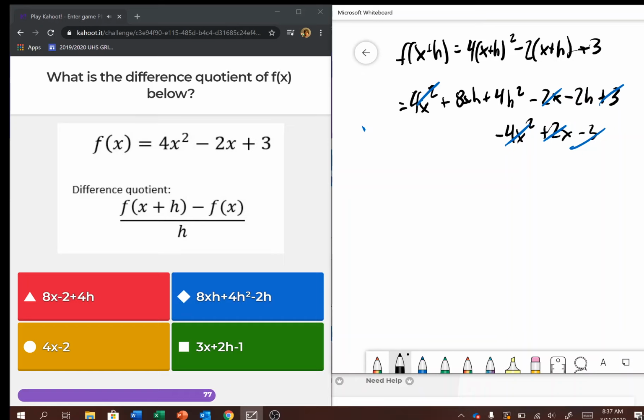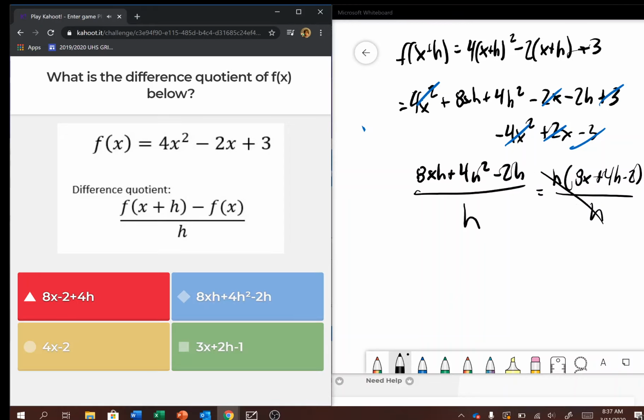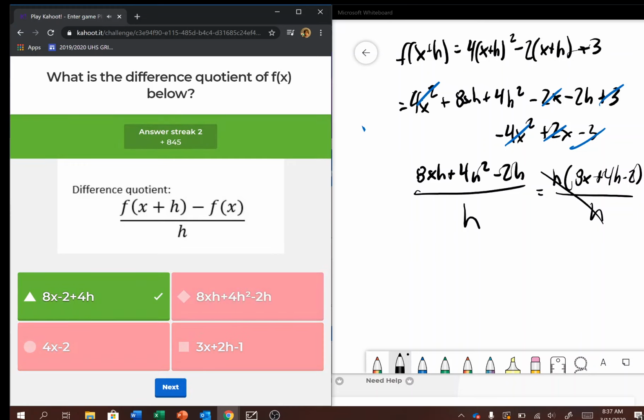So all that's left over is 8xh plus 4h squared minus 2h. And then we're going to divide this all by h. So that's h times 8x plus 4h minus 2, divided by h. That cancels. So the answer should be 8x plus 4h minus 2. Yes.